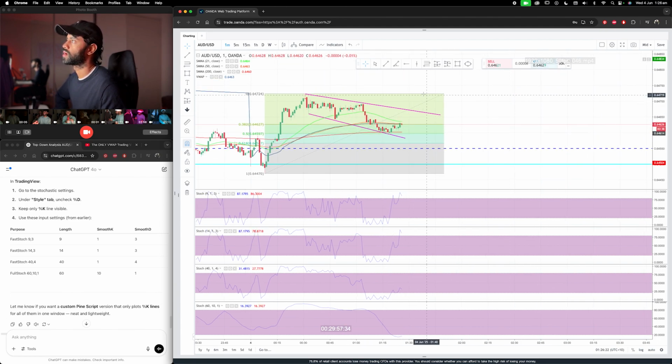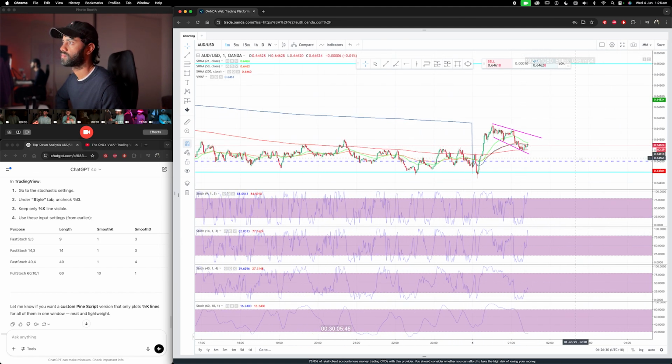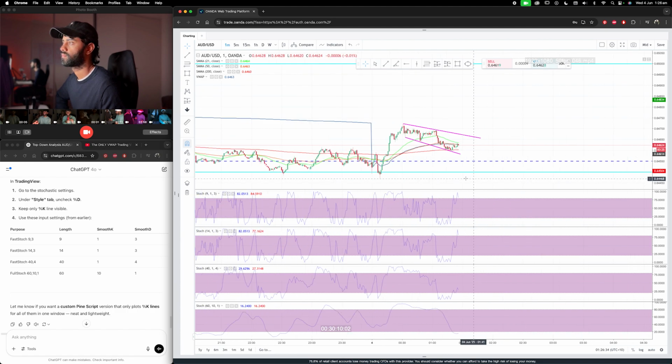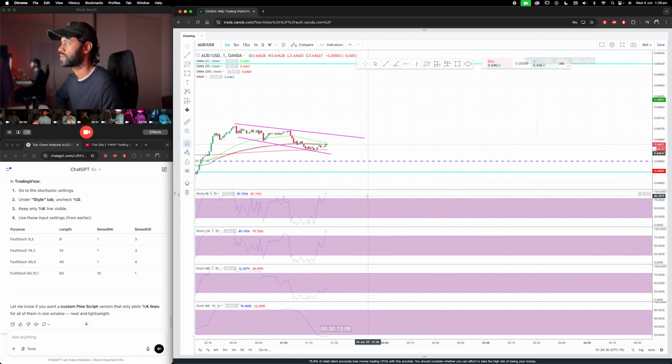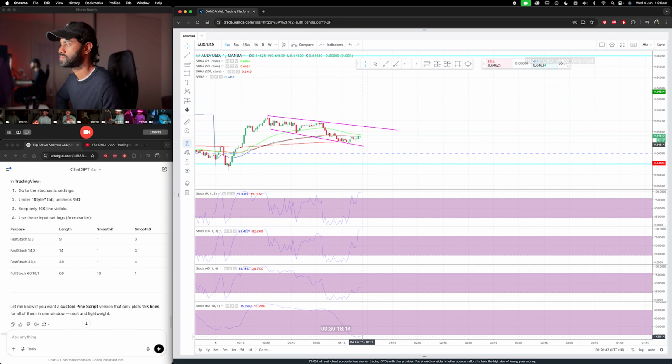I'm going to go for a buy position here, get rid of this. Okay, there is a quad rotation happening.